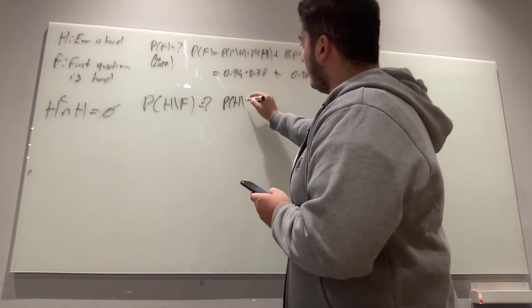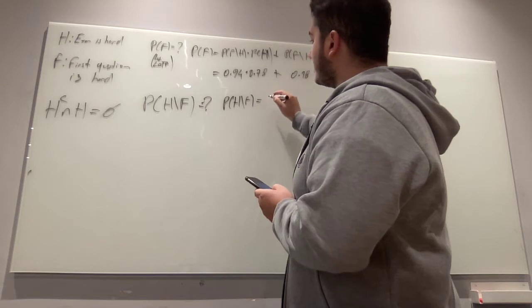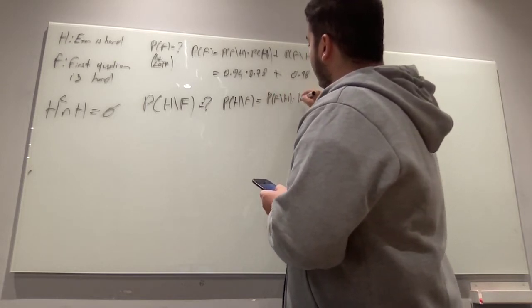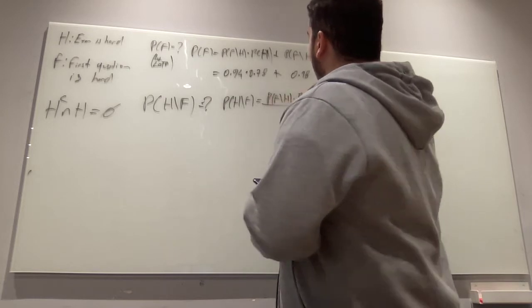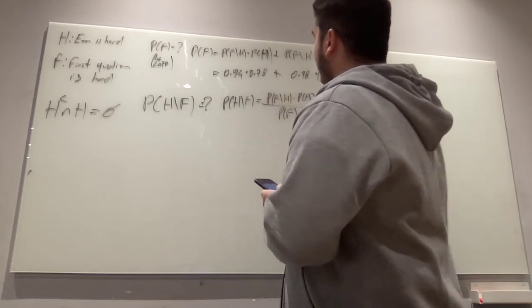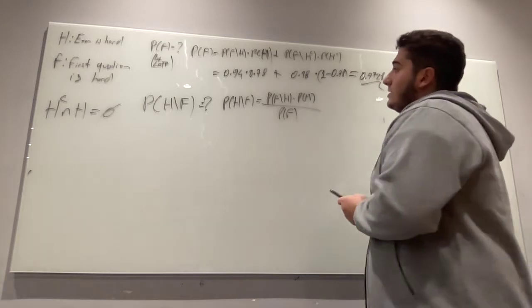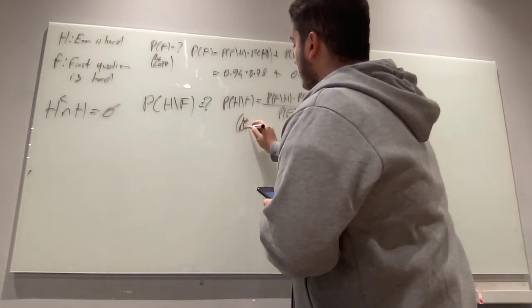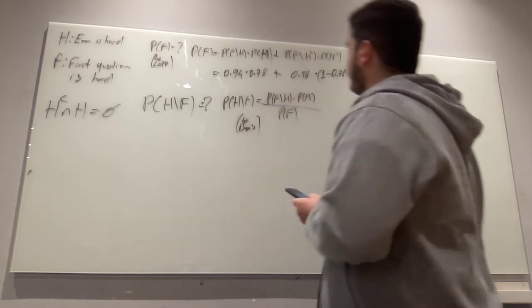Probability H given F equals probability F given H times probability H over probability F, by Bayes.